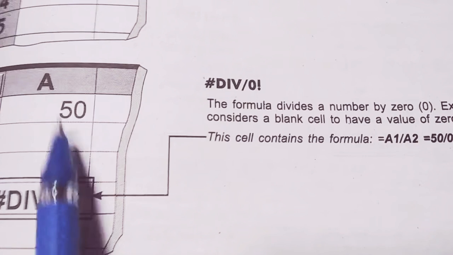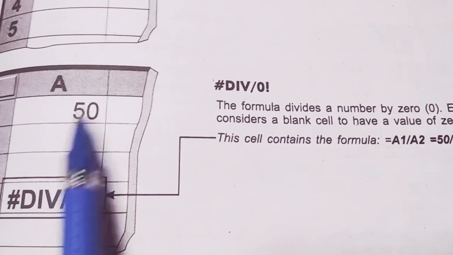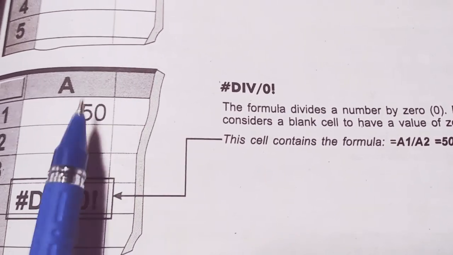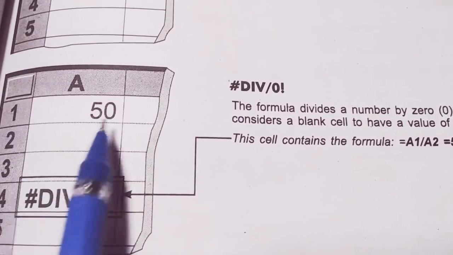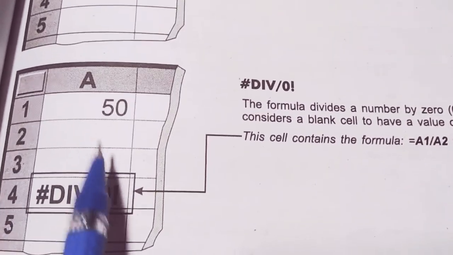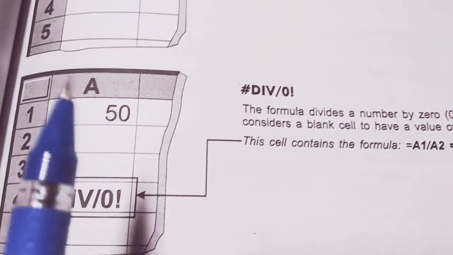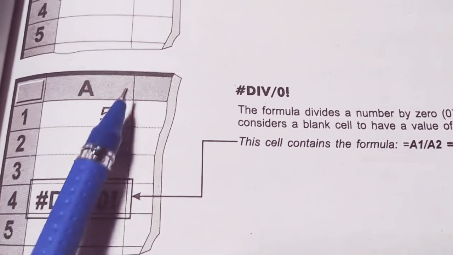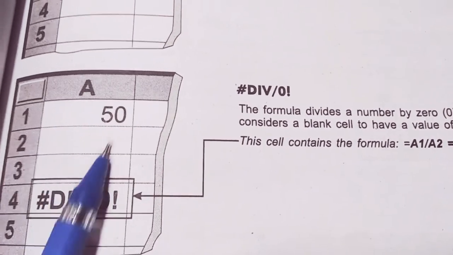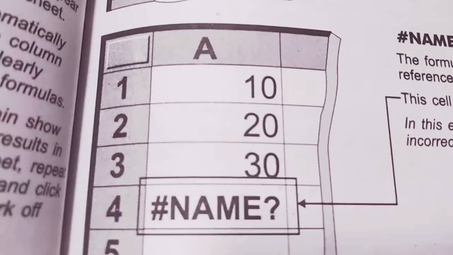If we have a blank cell, MS Excel treats its value as 0, and when we apply the formula, 50 divided by 0 gives the wrong message.